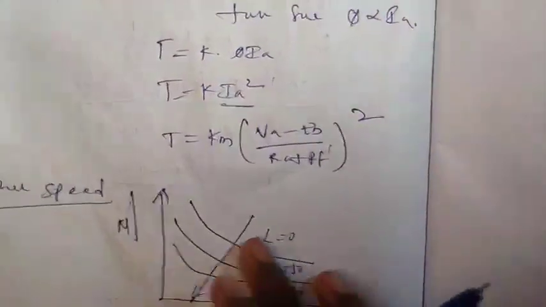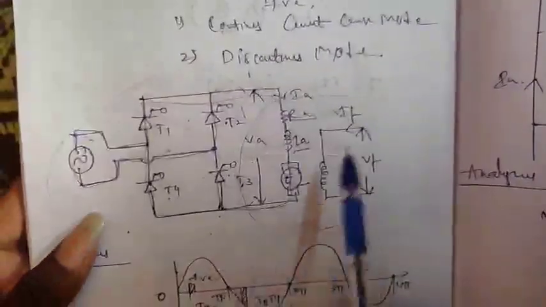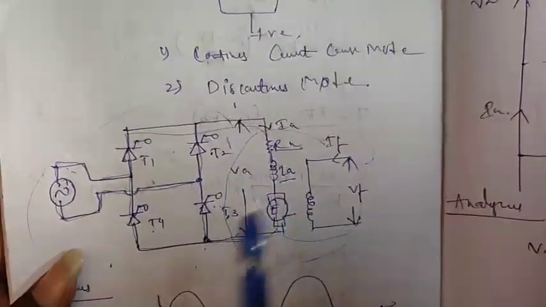So this is about the semi-converter fed series motor. The next topic we discuss is the fully controlled converter. Here we can replace the series motor, and the waveforms are the same here also, continuous conduction, discontinuous conduction, and write the formula for VA and the torque speed characteristics.